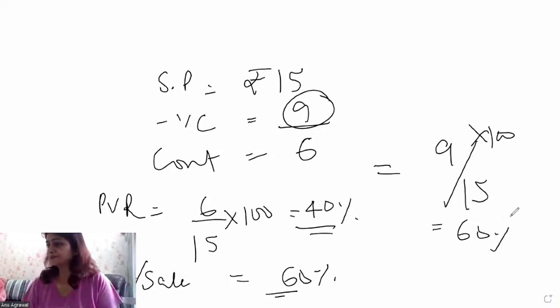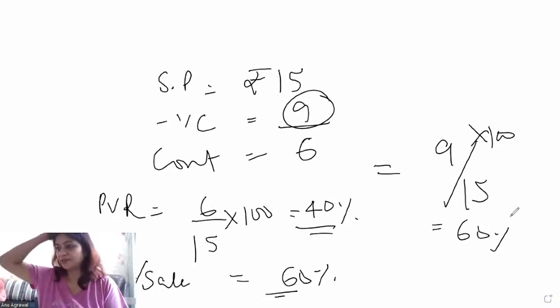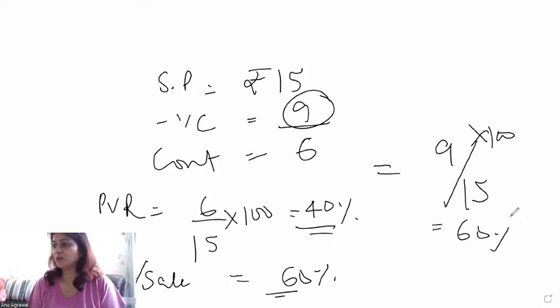Okay. Please explain PV ratio. Zia, after everything you are telling me, what is PV ratio? PV ratio is contribution divided by sales into 100. Cooper, you said you have understood everything. Then what do you want to understand in PV ratio? PV ratio is contribution divided by sales into 100.